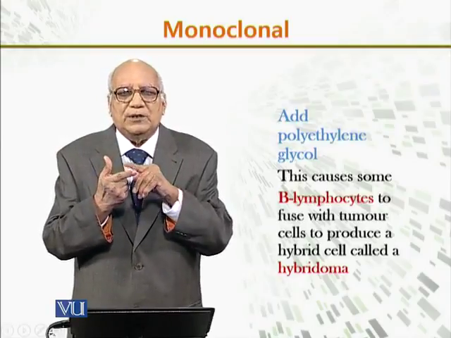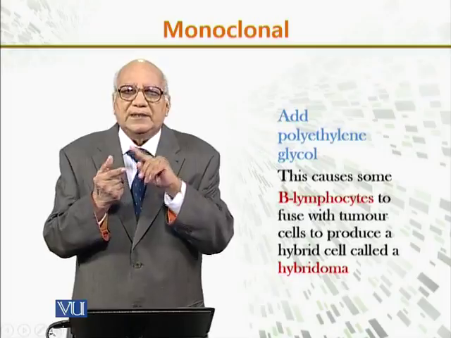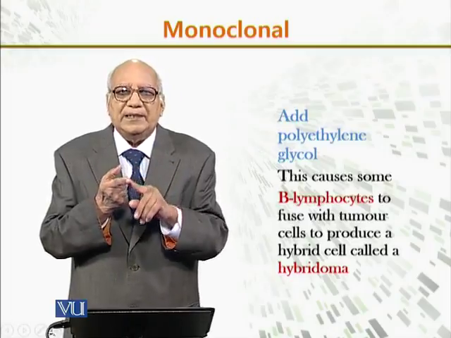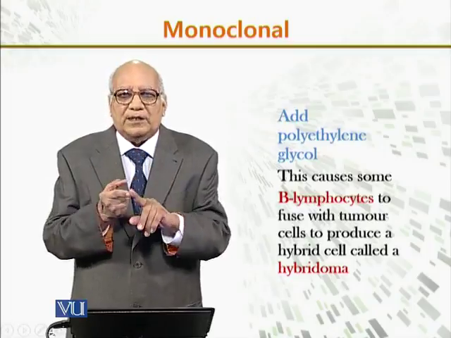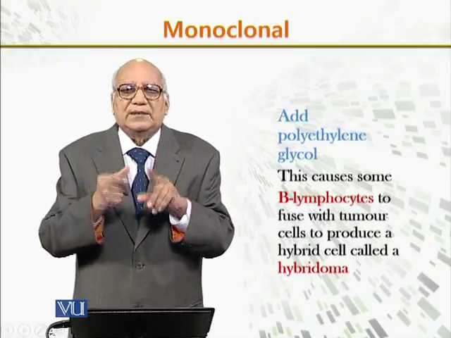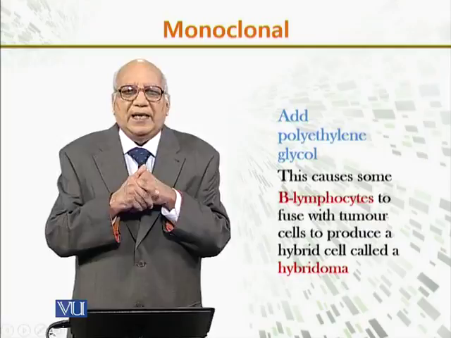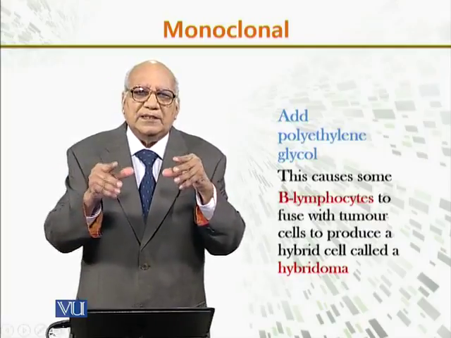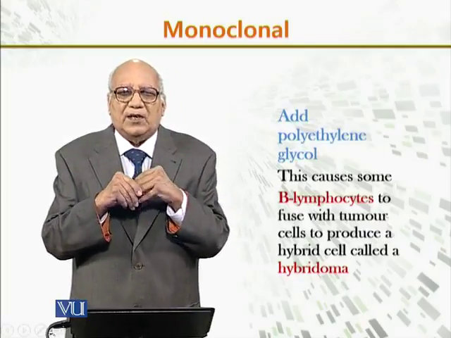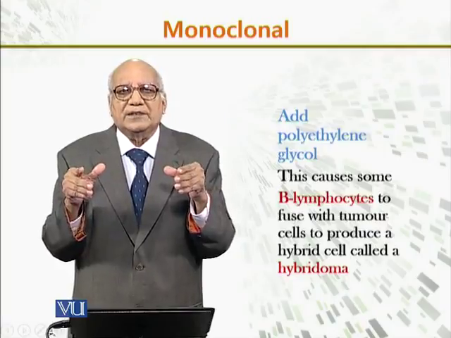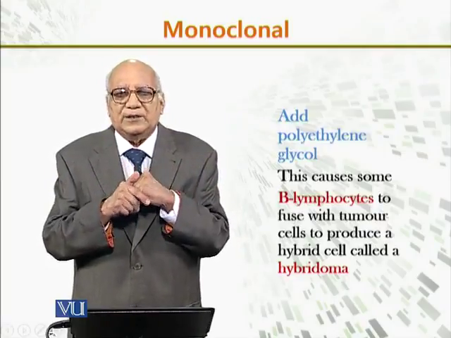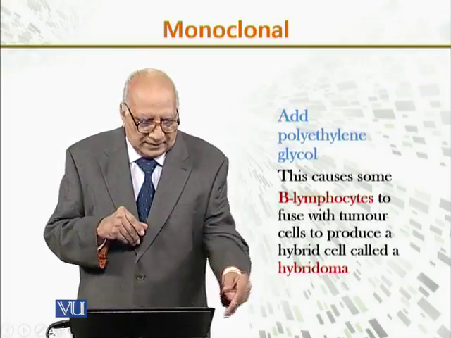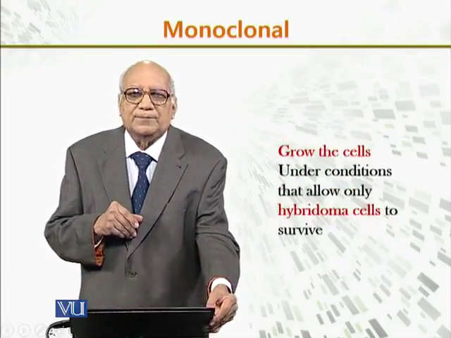We took the spleen cells, grew them time and again in the lab, then we took the tumor cells, put them on the dish, and added the polyethylene glycol, which causes some B lymphocytes to fuse with the tumor cells, and that fused cell is called a hybridoma.